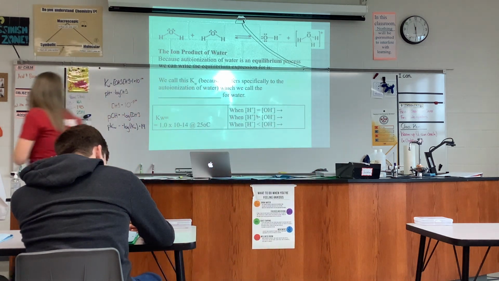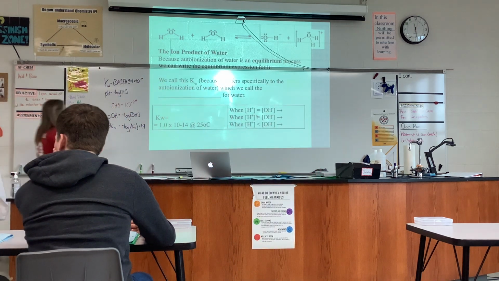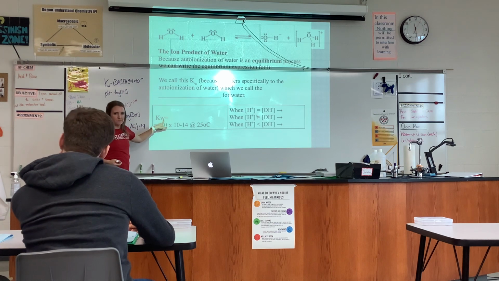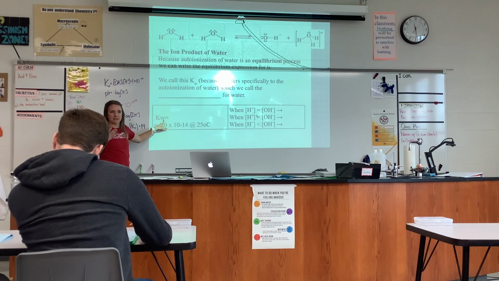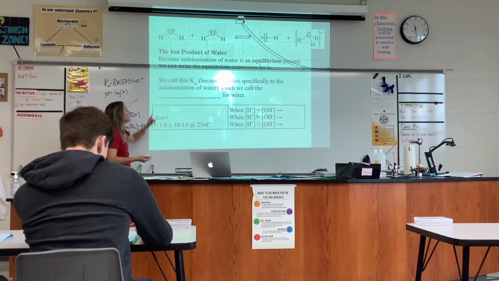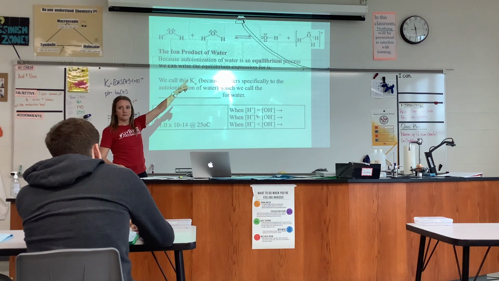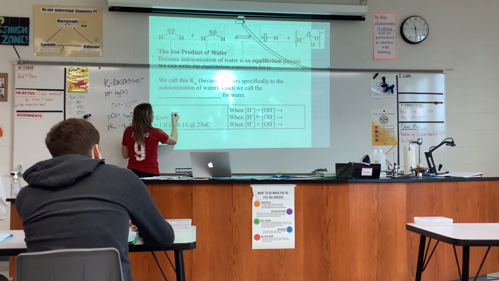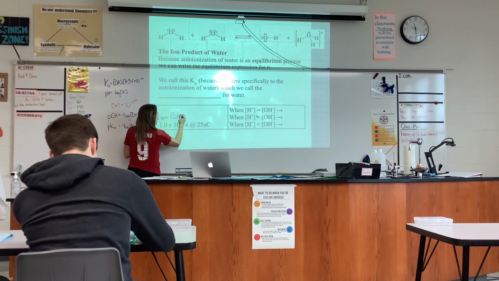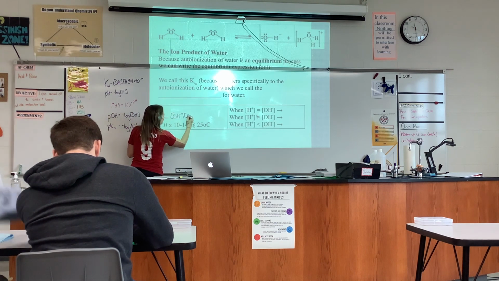So if I wanted to write the equilibrium constant for water, which we signify as Kw, the W is just because it's a special reaction, but it's still the same thing. If that's my equation, what goes on top? Products. So I'd have OH negative and H3O plus.